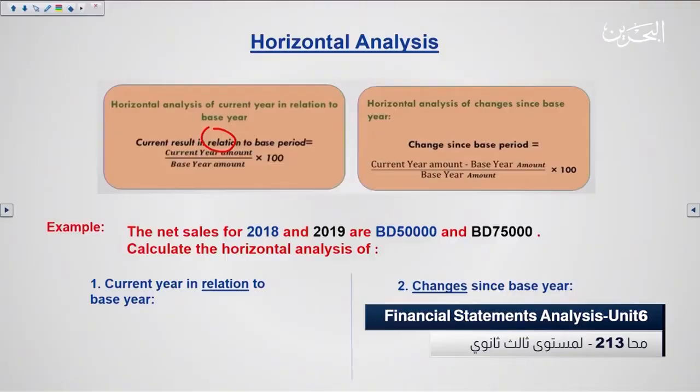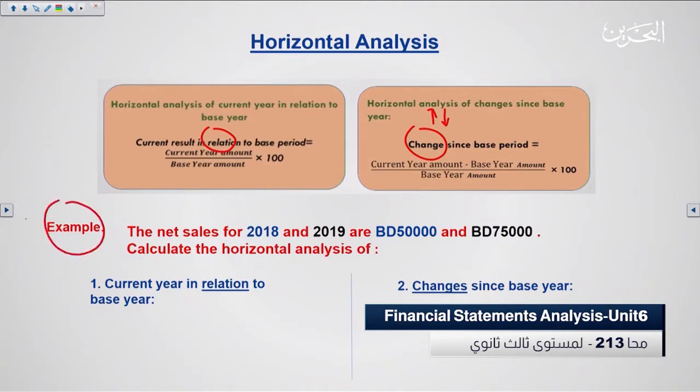The second formula, change since base year. When we see change or increase or decrease, we have to apply the second formula, which is current year amount minus base year amount over base year amount multiplied by 100.